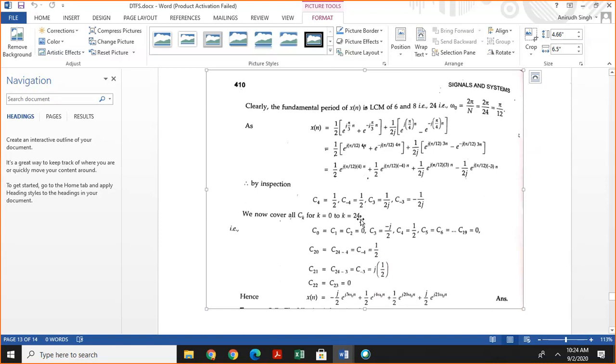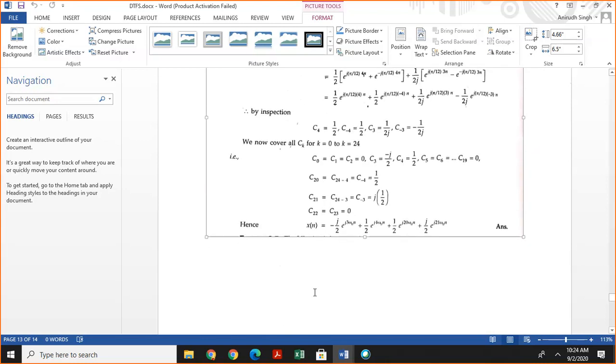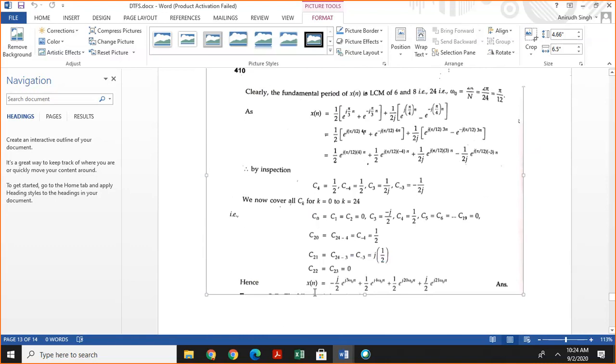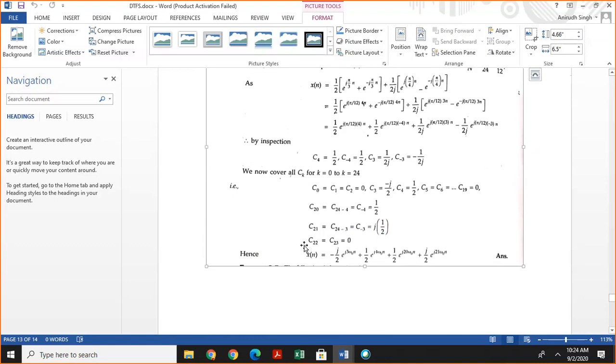Since the value of N is 24, we get the values of c20, c21 and c24, and we can write the signal x of n by knowing the coefficients c. Class is over. Thank you.